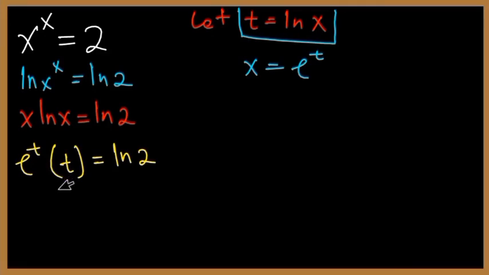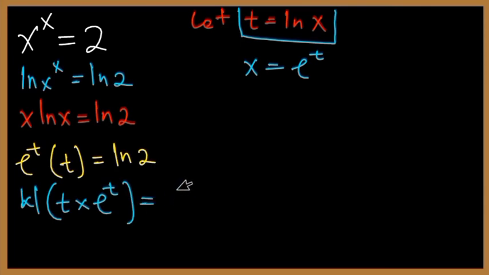Now from here, we will apply the Lambert W function. Applying it, I'll have W of t times e to the power t, bracket close, equals W of ln 2 here.